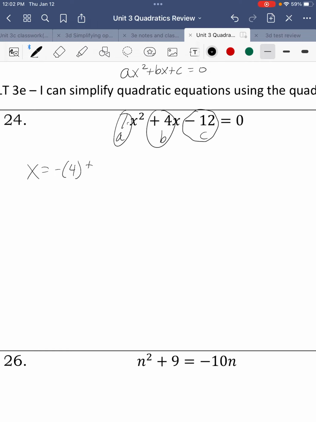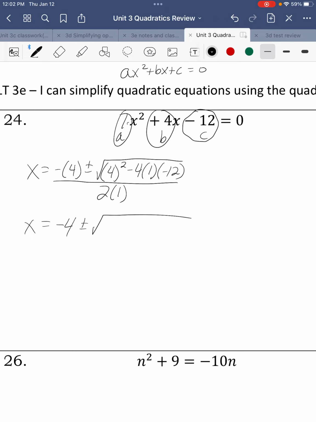We do x equals opposite of B plus or minus the square root of B squared minus 4 times a times c, all divided by 2 times a. So opposite of positive 4 is negative 4 plus or minus the square root of 16, minus 4 times 1 times negative 12 is a positive 48, divided by 2.